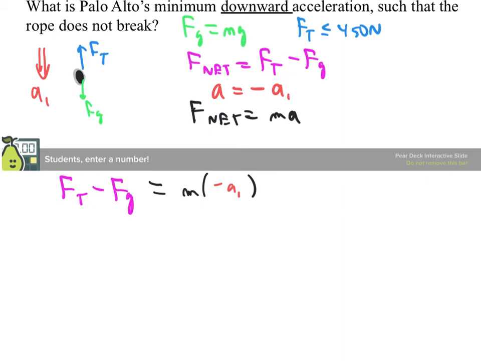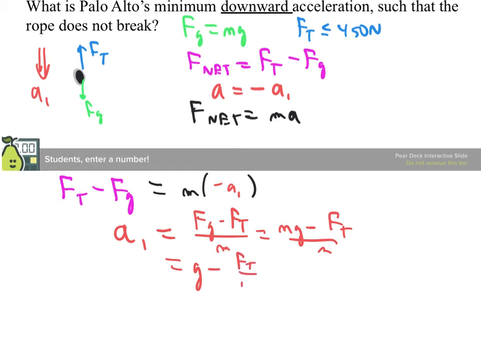A1 is Fg minus Ft over M, or Mg minus Ft over M, or now it's g minus Ft over M, or 9.8 meters per second squared, minus, remember that our max value now is 450, not 950.